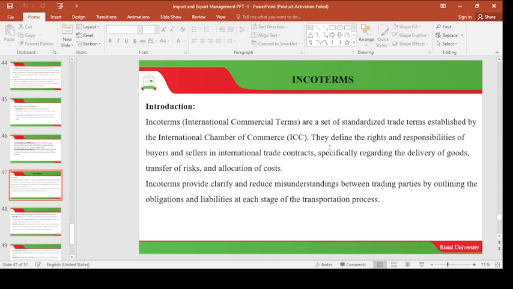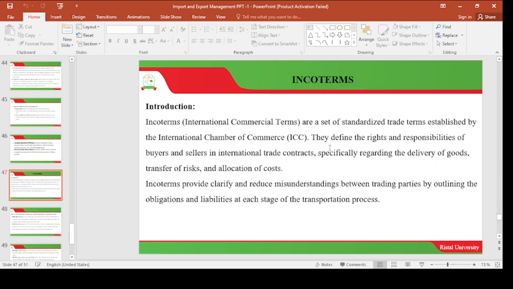So in the Incoterms, they purposely define three items. One, the place where the goods are, the destination of the goods. Then two, the risk involved in moving these goods from the seller to the buyer. Then another part is the allocation of the cost. The cost here means the transportation cost of moving these goods.